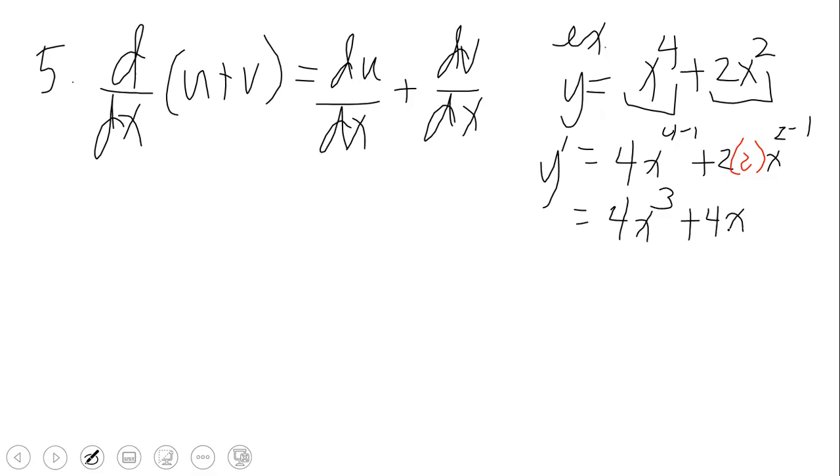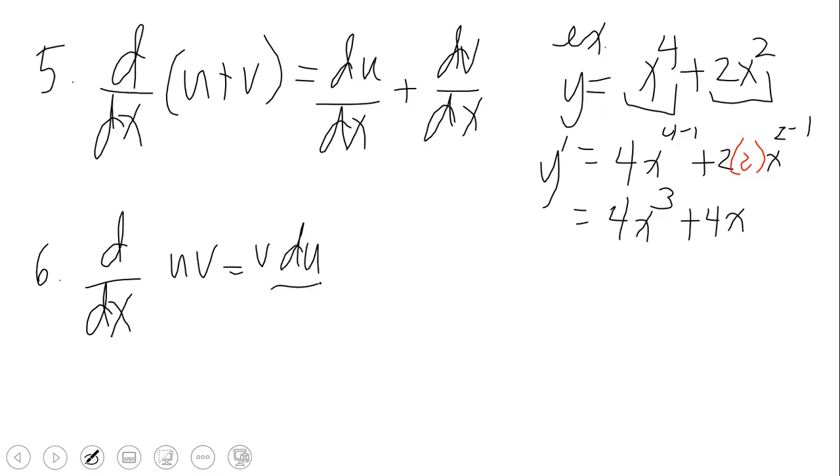Let's have number 6, the derivative of a product, two terms. d over dx of uv equals v times the derivative of u, du over dx, plus u times the derivative of v, dv over dx.